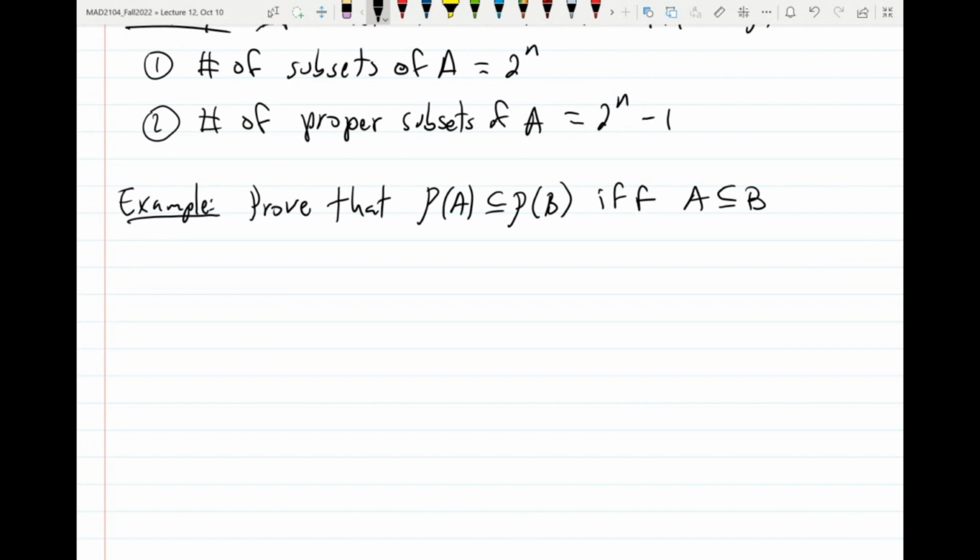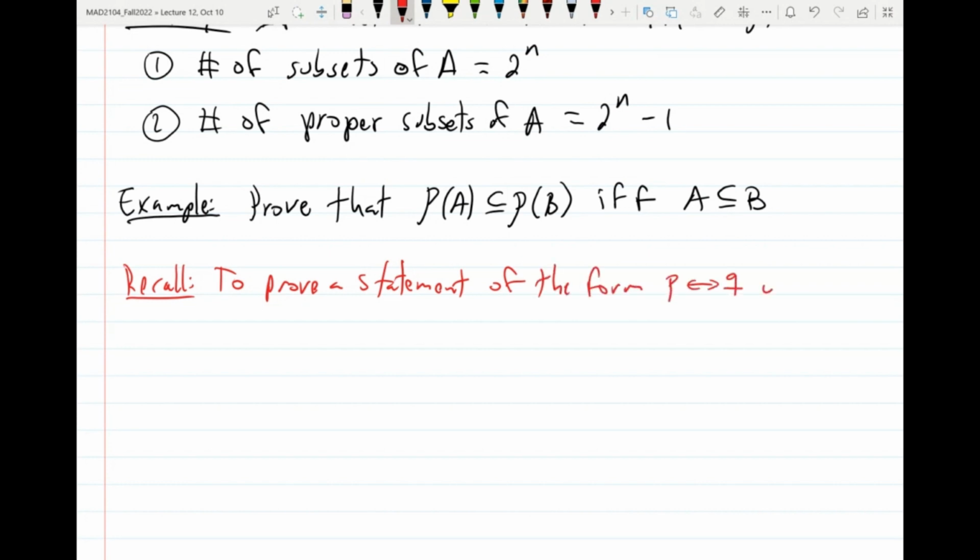Now remember, if and only if is a biconditional. What do you need to do to argue a biconditional? You need to prove 2 directions. So recall, to prove a statement of the form P if and only if Q, what we do is we prove 2 things.